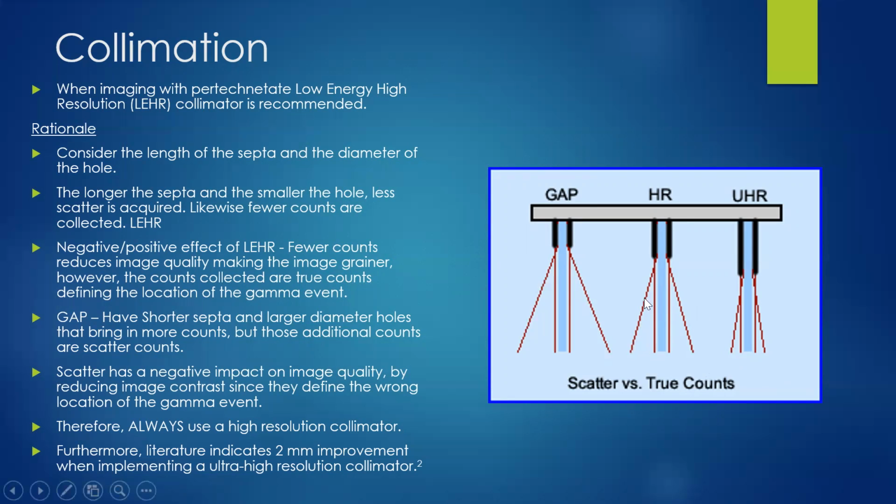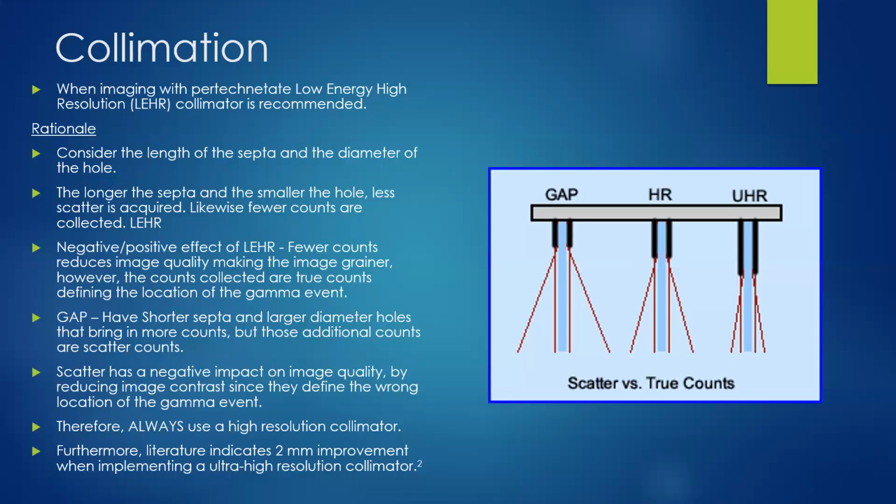And what I don't say on the slide, and is critically important, is that the closer you are to the patient when you do a SPECT scan or a planar scan, 2D or 3D, the better you are, and the less scatter you're going to bring in. The further away you are from the patient, the more scatter you bring in, and the more possible blurriness.